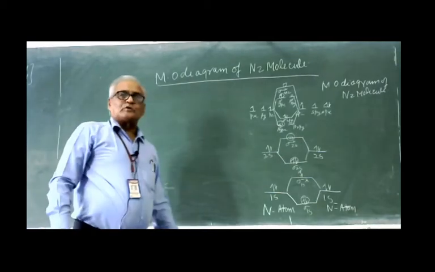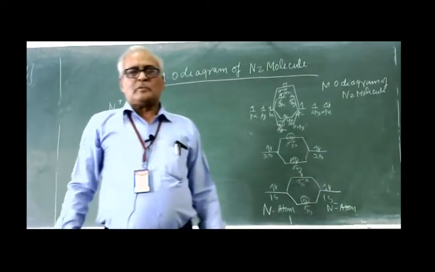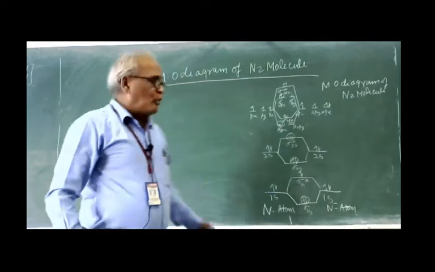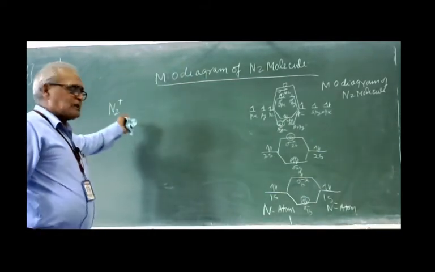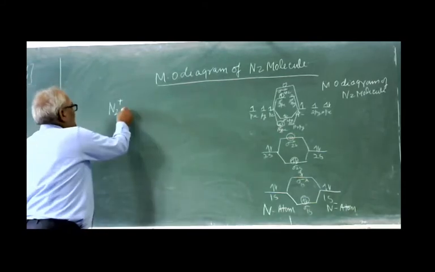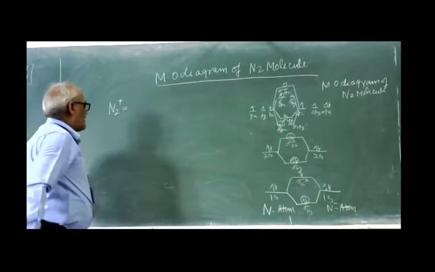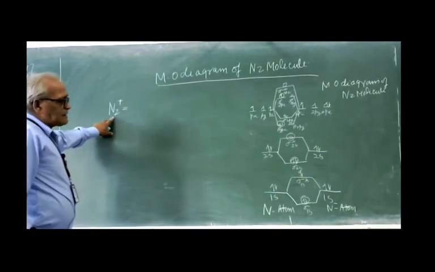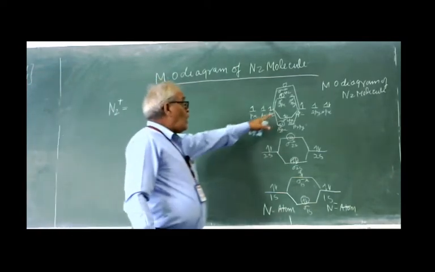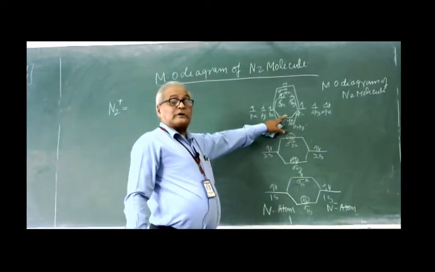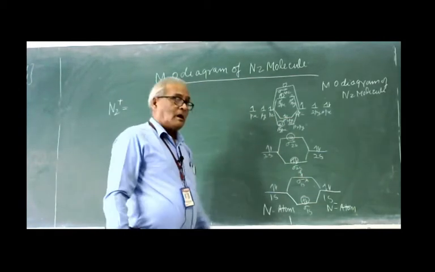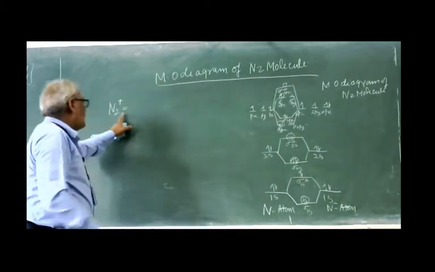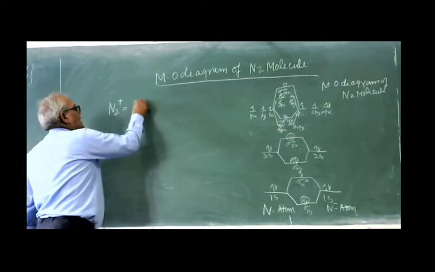This is the nitrogen molecule cation. So electrons are removed from the molecule and it forms the cation. Now how many electrons? The nitrogen molecule contains 14 electrons. One electron has been removed, forming the cation, and so there are 13 electrons.